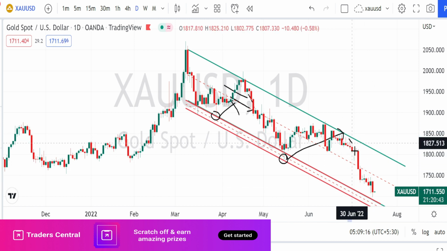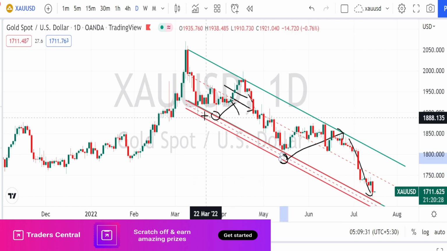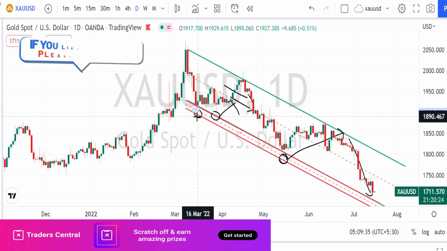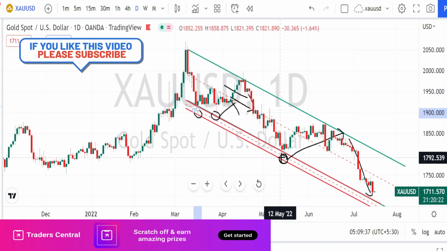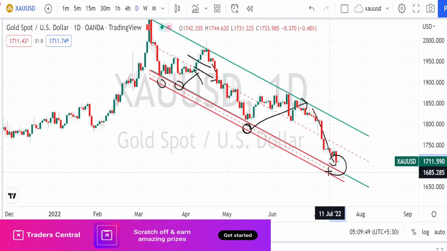Again, currently we are noticing the price action to trade on a bearish trend. So based on this past price action, we can understand that there are more chances for the price action to test the lower level of the support line of the bearish channel pattern. Currently we have noticed the price action to come near to the first level of support line of the bearish channel pattern.